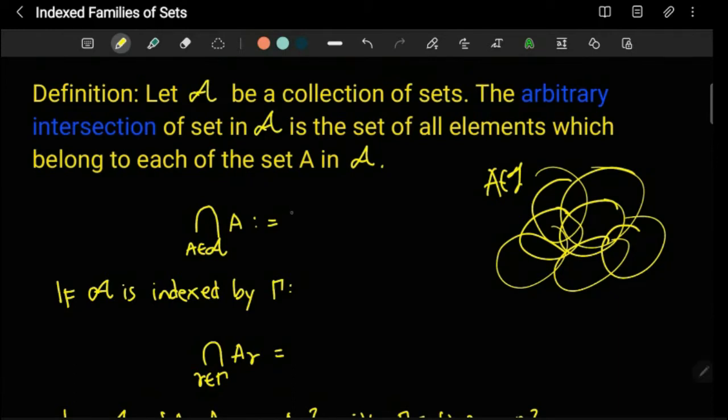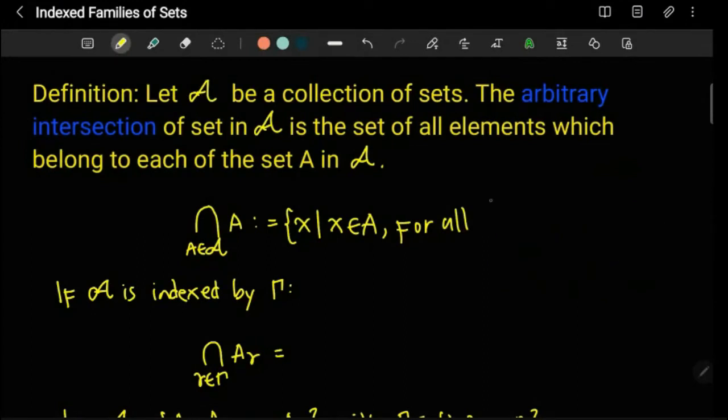So, by definition, we can write that mathematically as all objects X such that X is in A, this time for all A in our collection. Yan.